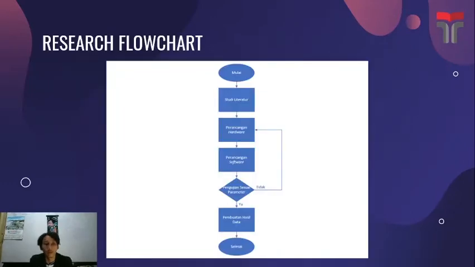The next, this is the research flowchart. First, starting from looking for literature studies, then doing hardware design and software design. After that, testing according to the parameter.